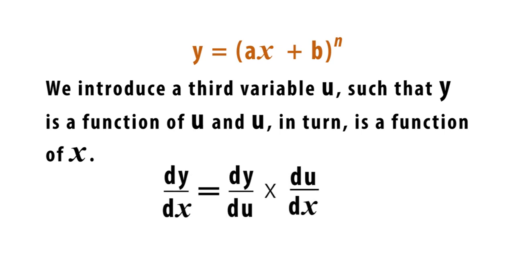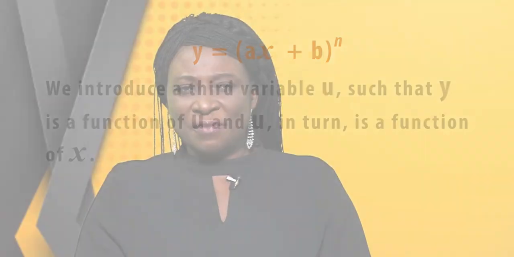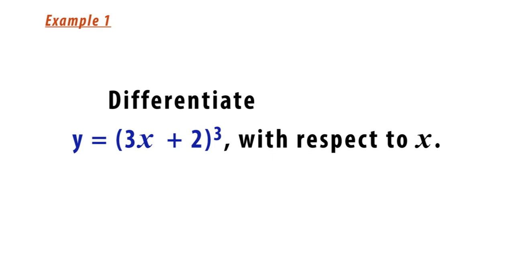That will be written as dy/dx equals dy/du multiplied by du/dx. This is called the chain rule. Let's take an example. Differentiate y equals (3x + 2) cubed with respect to x.